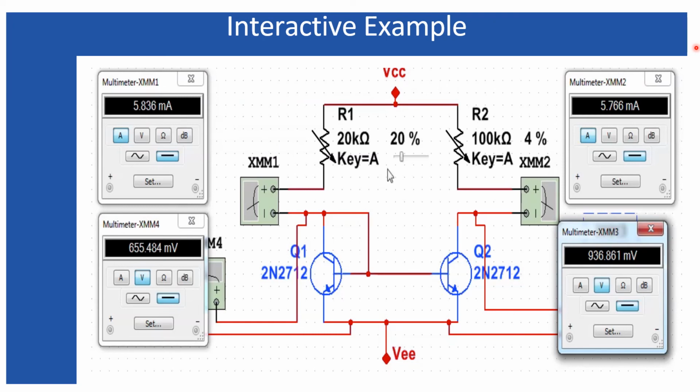Now I am going to vary the resistor R2, and I will see what happens in the reading of the second ammeter and what happens in the reading of the first ammeter.